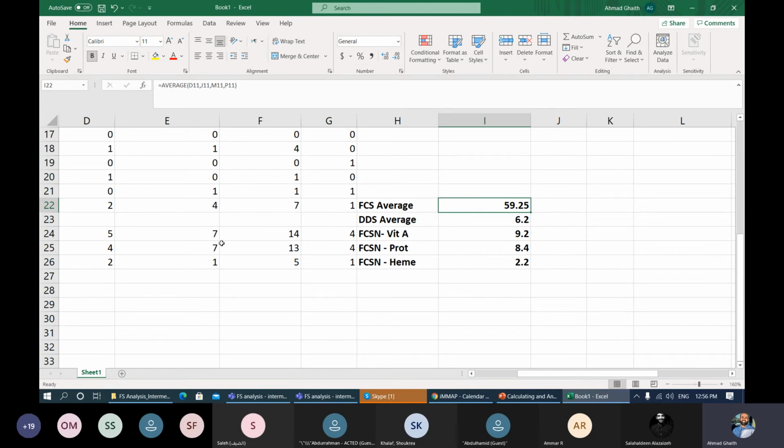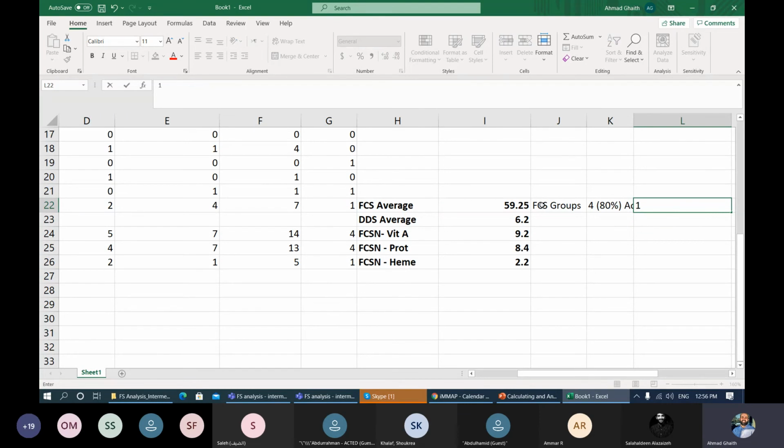So essentially, we want to think that at a population average, we have acceptable food consumption. This is also why we actually report the FCS groups. So 4 people, or 80% of our population, are acceptable, plus 1 person, 20% of our population, is borderline.